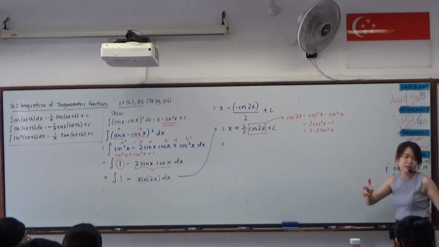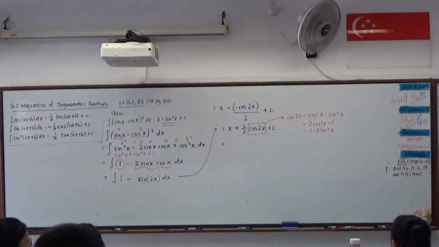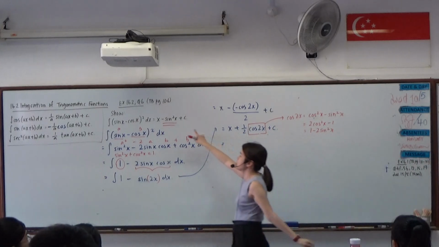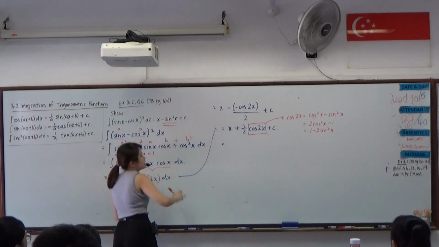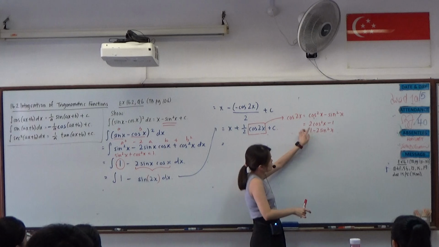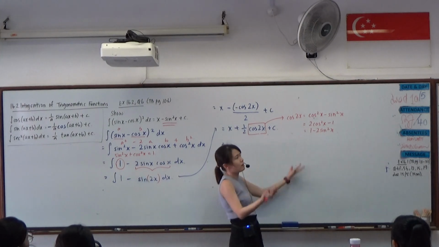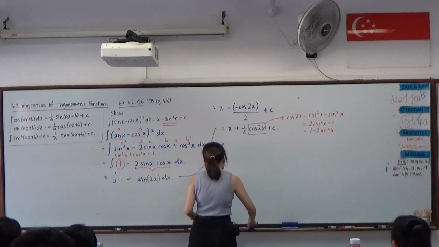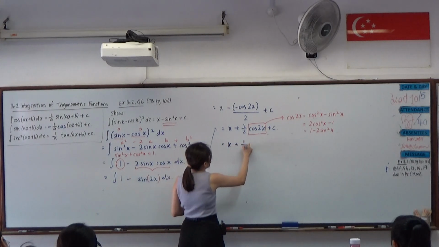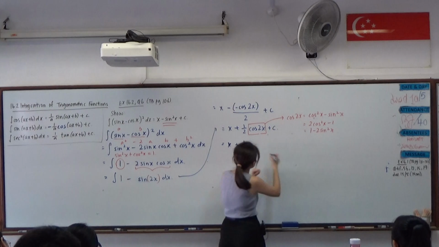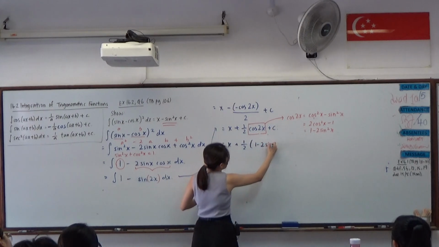When it comes to the double angle for cos 2x, our objective is to arrive at sin², so naturally we should change it to this one. We shouldn't choose the others, otherwise we go one big round. Therefore, applying this one, cos 2x becomes 1 − 2 sin²x.